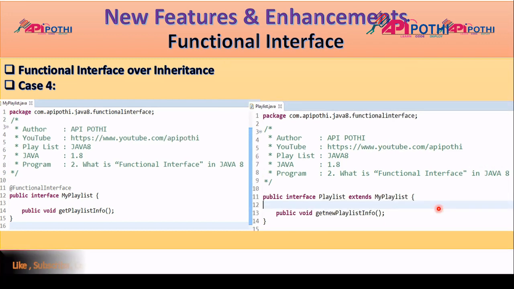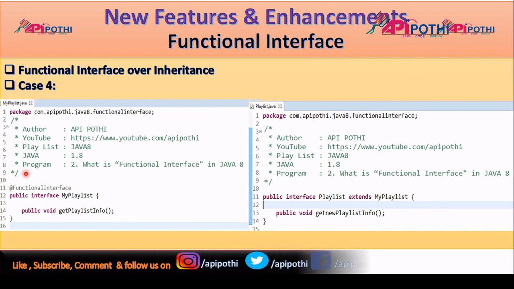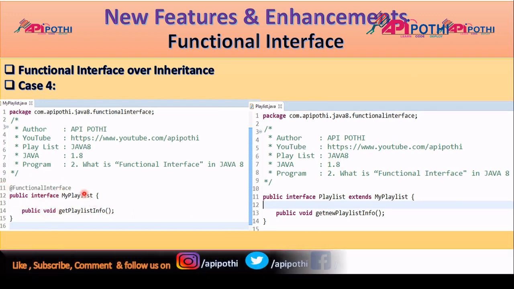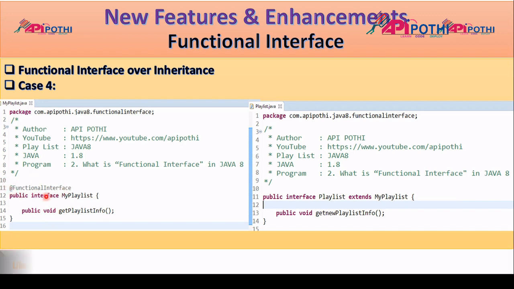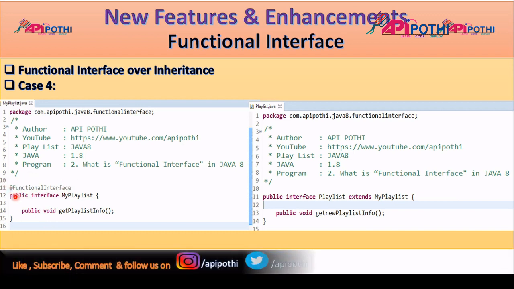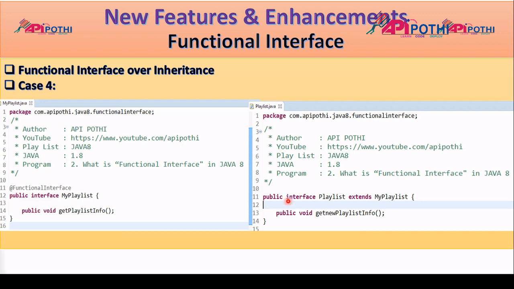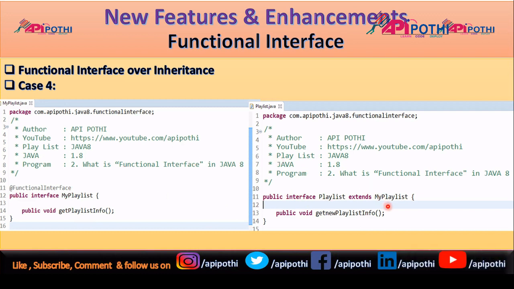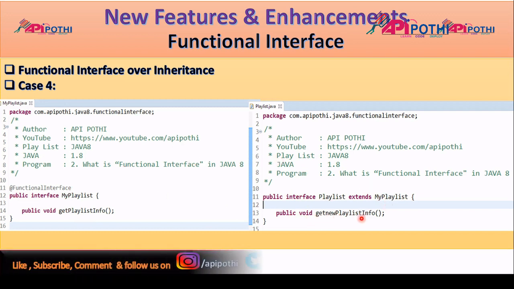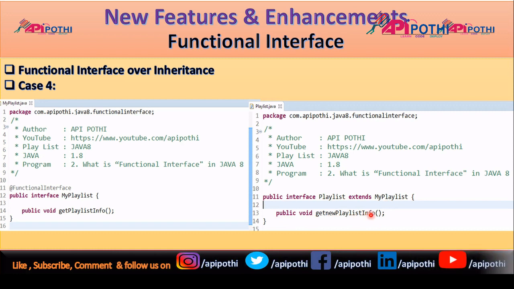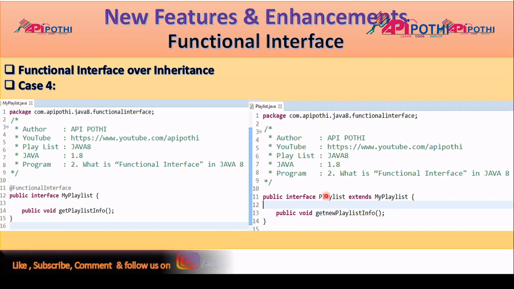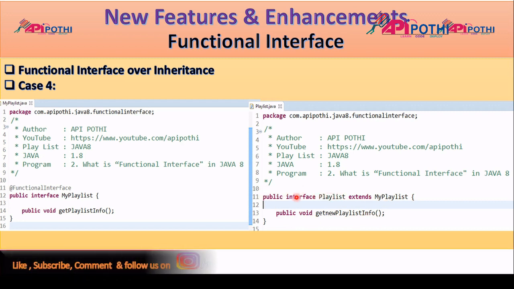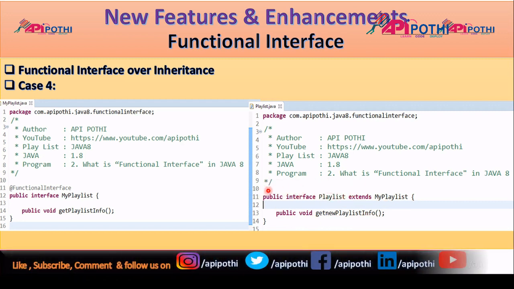Now coming to scenario 4, same, we have the functional interface, it has one unimplemented method, and it is mapped with the @FunctionalInterface annotation. Now we have another interface called Playlist, which is extending MyPlaylist and which contains getNewPlaylistInfo, an unimplemented method, and this is not annotated as a functional interface since it doesn't have the @FunctionalInterface annotation.